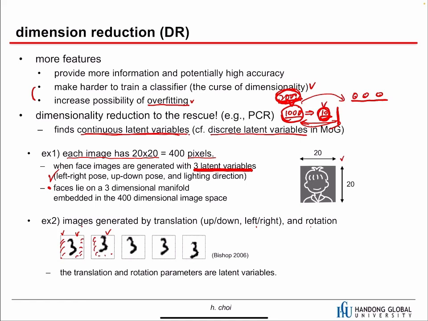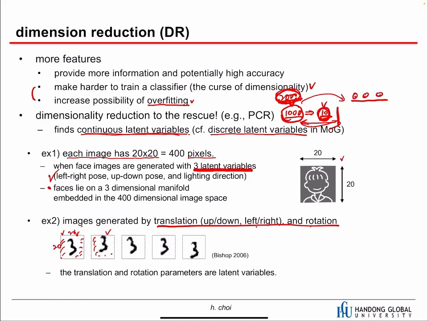So even in this case, let's say if it is 20 by 20 images, then probably around 100 pixels might change with these operators. But even when the 100 pixels are changing, actually we just apply three operators. So we have only three factors.